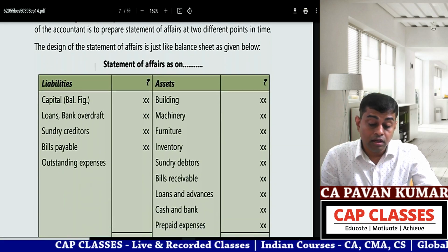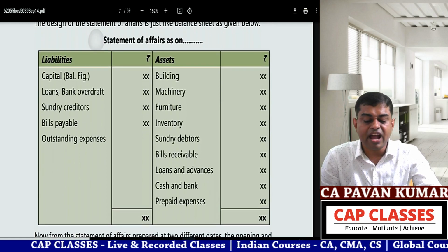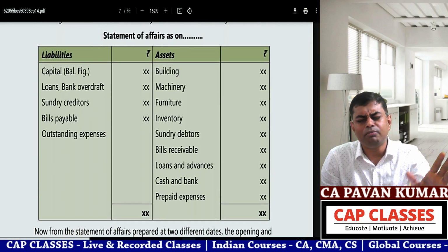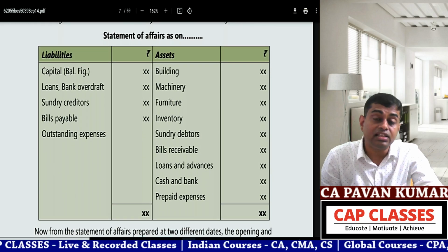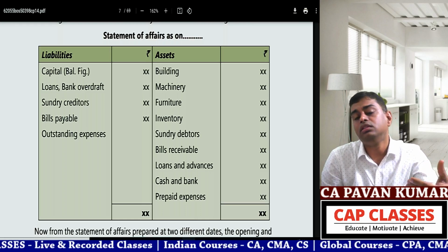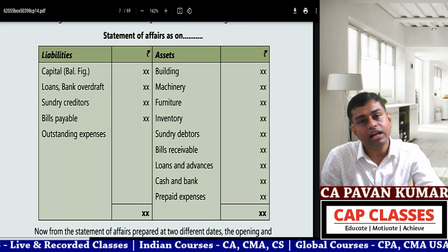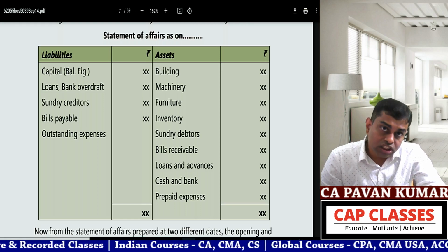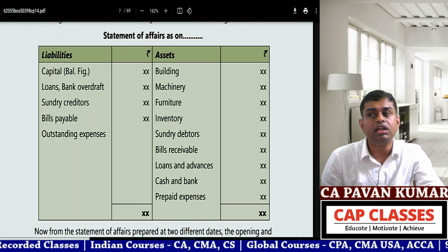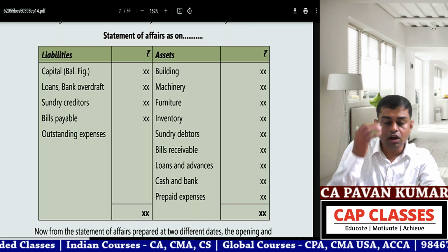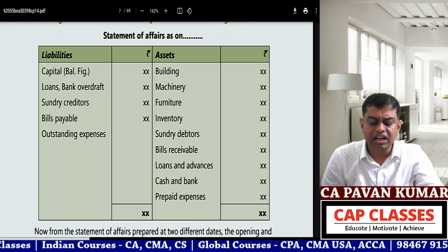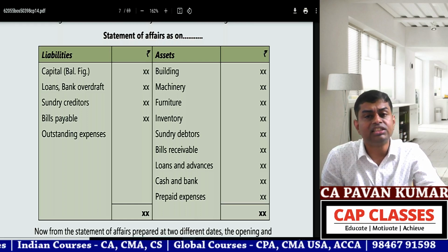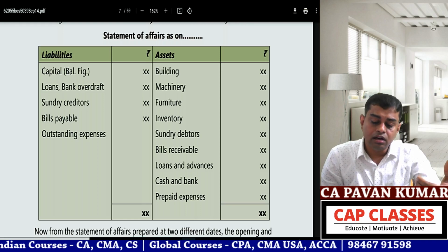Okay. Then statement of affairs, sir, how to prepare? Simple. Put all the assets on the right hand side like a balance sheet, all the liabilities on the left hand side like a balance sheet. There will be one closing balancing figure, that is capital. That's all. Check all the assets: building, machinery, furniture, inventory, sundry debtors, bills receivable, loans and advances given, cash and bank.